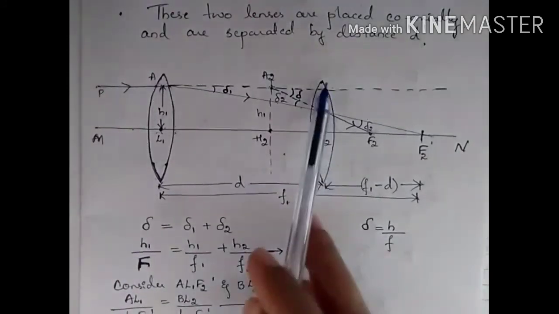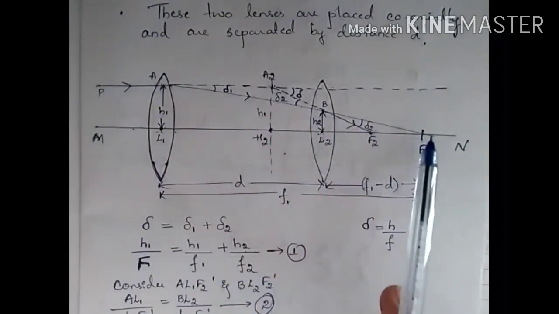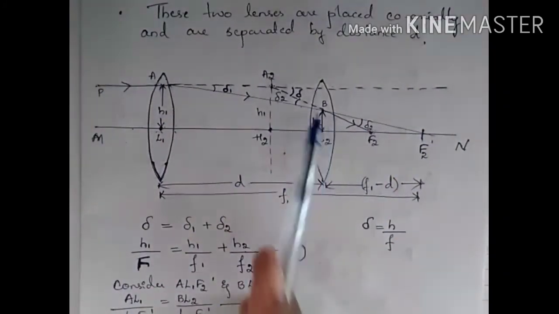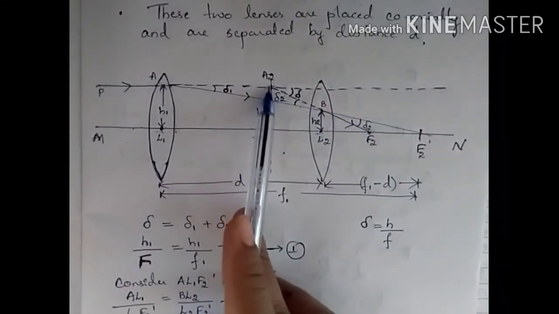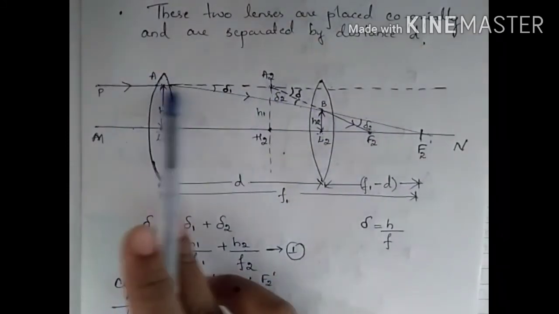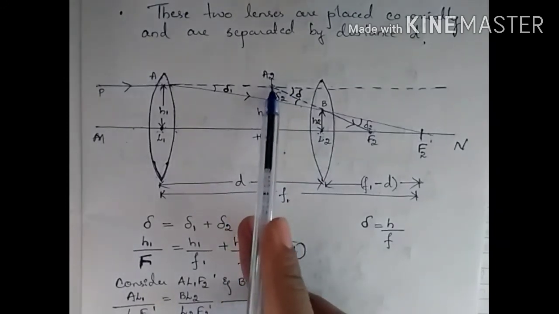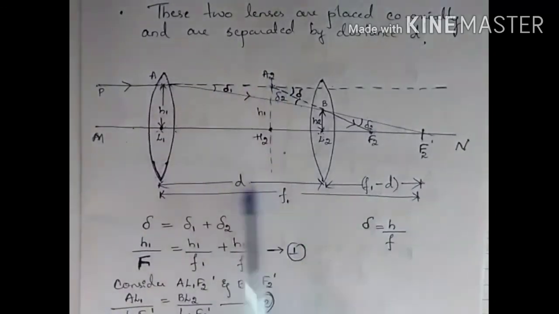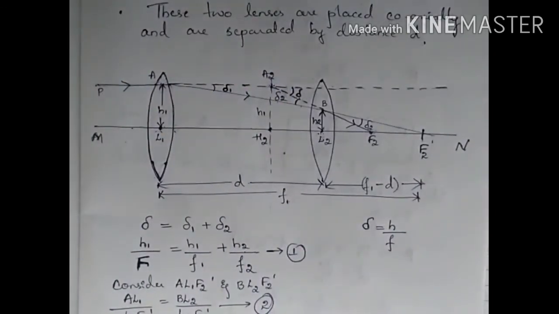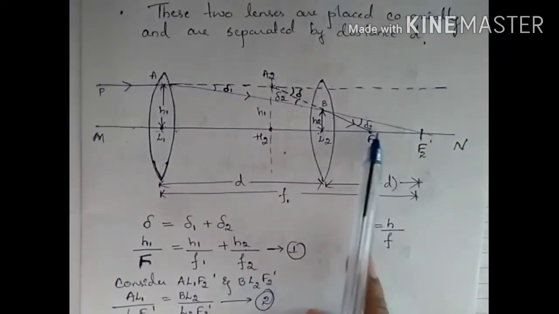If this lens had not been there, the image would have been formed at F2. If you produce this refracted ray, it crosses the incident ray at a point A2, and at this point, if you keep the effective lens with the focal length which we have measured, you can observe the image will be formed at F2.